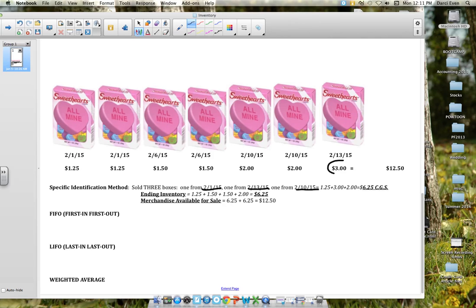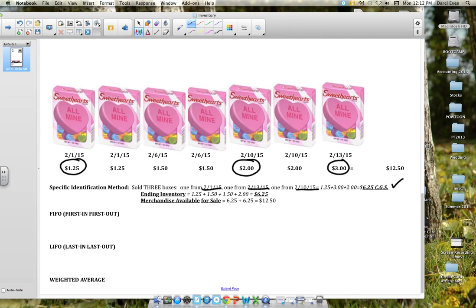So that would be this box here for $3, a box for $2, and a box for $1.25. And so if we were calculating the cost of goods sold, we would add those 3 numbers together and we would get 6 1/4, which is shown right here. Cost of goods sold, 6 1/4.